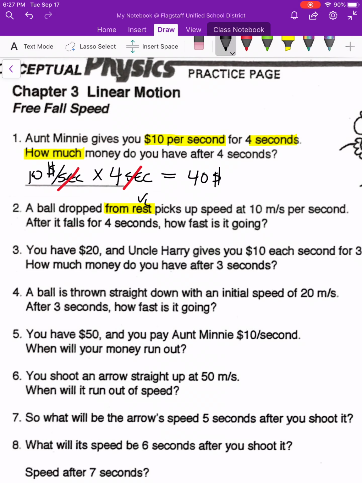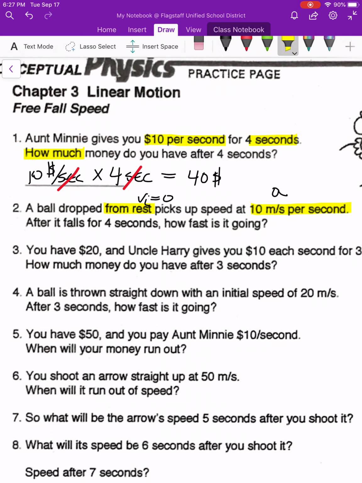V initial equals 0. And then it picks up speed at 10 meters per second. So we have to pay attention to these units here. These are actually telling us meters per second squared, which is our acceleration.